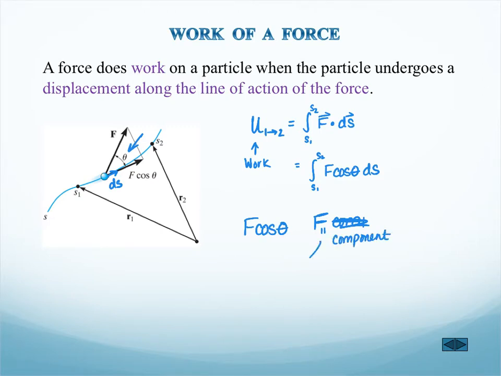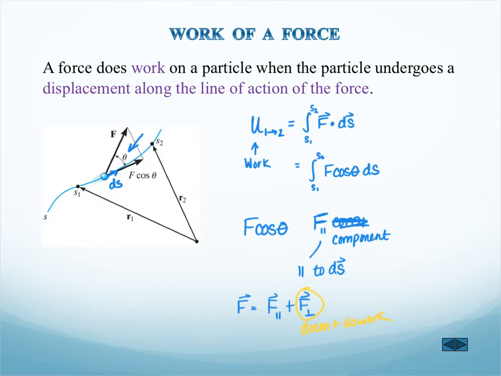And when I say parallel, I mean parallel to the displacement, because that's the only component of force that's going to do the work. We can break down the force into its parallel component and its perpendicular component, but the perpendicular one doesn't do work because it is only perpendicular to the direction of motion, and so it doesn't actually help the object move from point 1 to point 2.